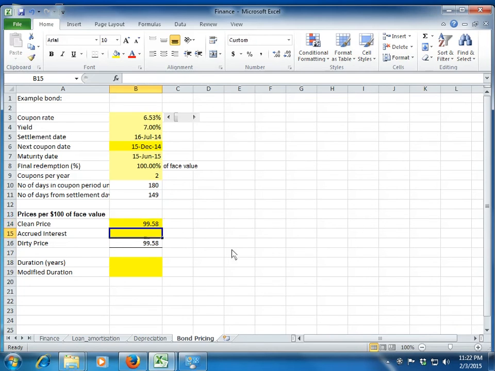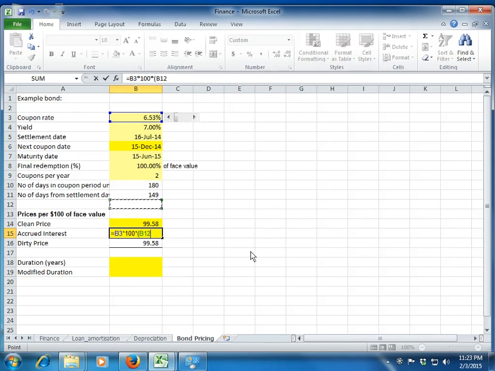So I want to calculate this amount. This is just a simple calculation. First I'll calculate the interest amount. So my interest amount will be my coupon rate into 100, which is my bond value, into 149 divided by 180, or rather, I have to calculate the accrued interest.